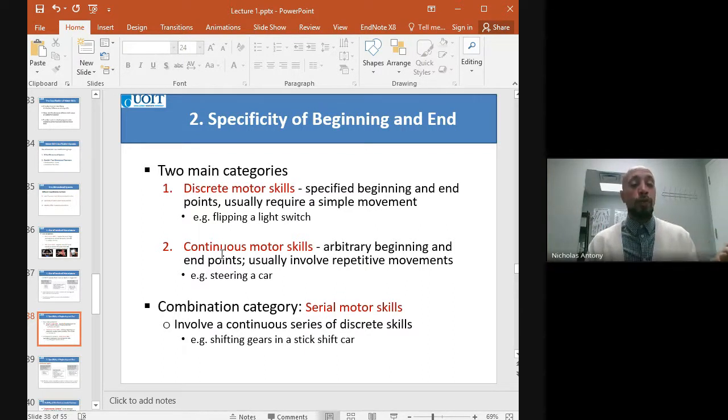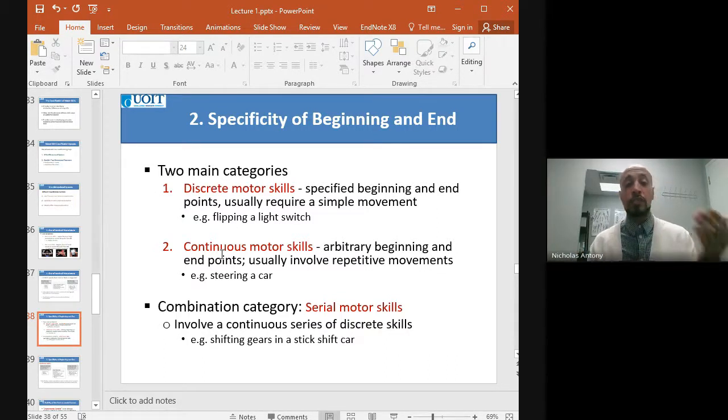Now, with drinking a cup, it would be considered a discrete motor skill because there's a specified beginning and end. Whereas the act of running, where does running start or where does running end? Because it's multiple repetitions of the same thing. It's continuous movement. So Olu's right that the difference is the amount of movement. How do you classify what the beginning of running is and the end?